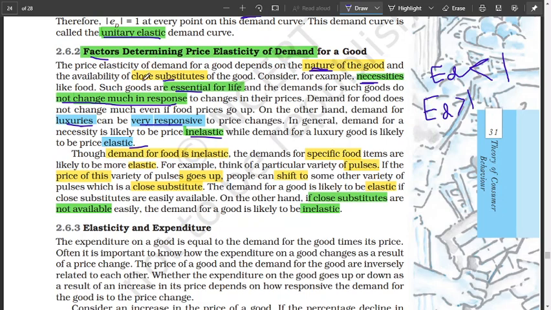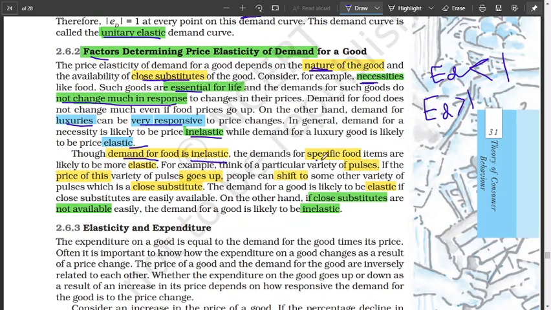Second factor, close substitutes. There are goods which have substitutes that you can use one over the other. It depends on the price. If you look at the demand for food, generally it is inelastic because it is essential. You do not look much at the price.